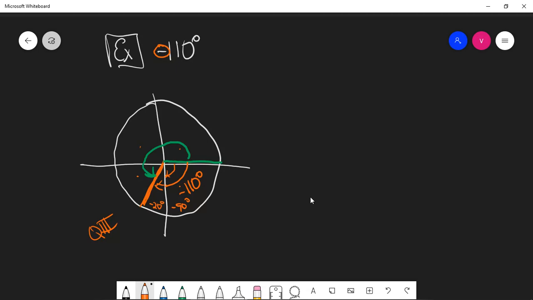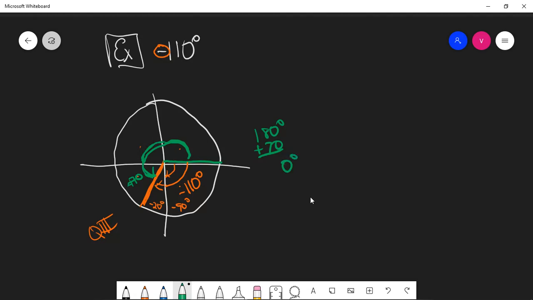So the whole quadrant is 90 degrees. So going in this direction, that would be plus 70, right? 70 plus 20 is 90. It's a positive 70 there. So this thing would be 180 plus 70 in the positive direction, right? 90, 90, and plus 70 right there.